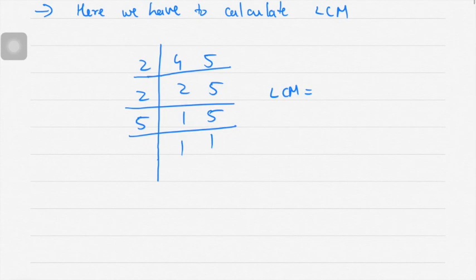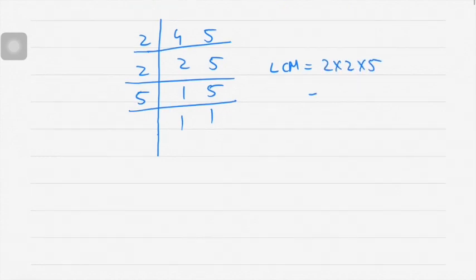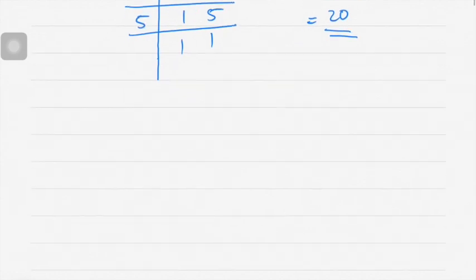Correct? So LCM will be 2 into 2 into 5, which comes to... no, which comes to 20, sorry. Which comes to 20.